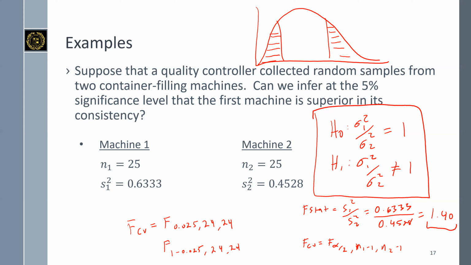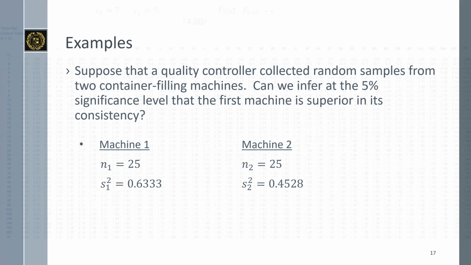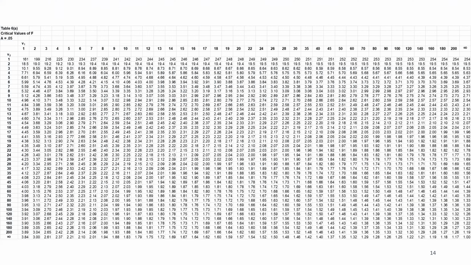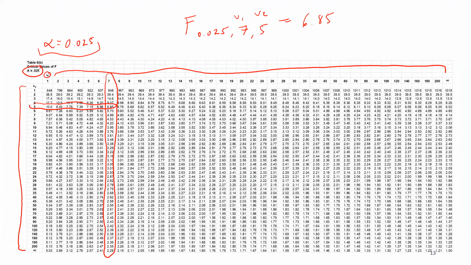So we're going to first start off with the first one, and I'll show you a little trick about how to solve the second one. Okay, so F of 0.025, when you go to the correct table, it would be this table right here. I'm just going to erase some things. All right, so what we're trying to look for is this value. So 24, 24. We see 24 here, so we're going to highlight this column.